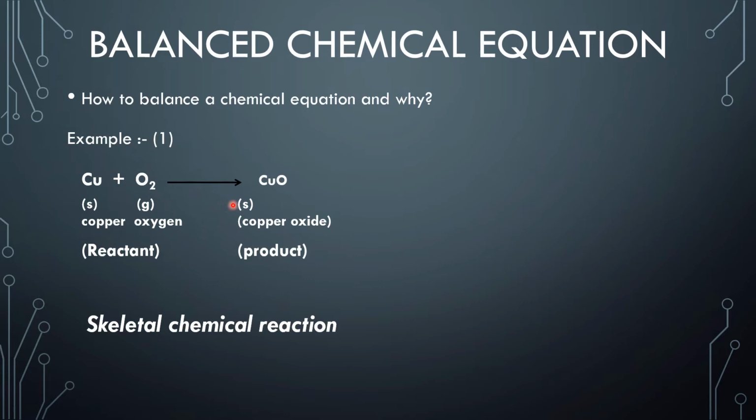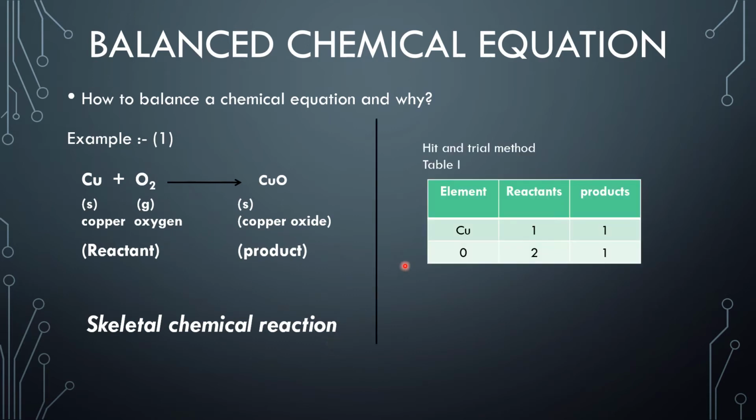Both sides, oxygen is not equal. In this condition our equation is called a skeletal chemical reaction, which means an unbalanced chemical reaction. We can balance a chemical reaction by the hit and trial method.